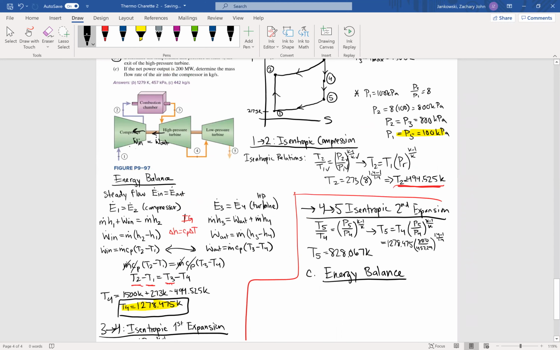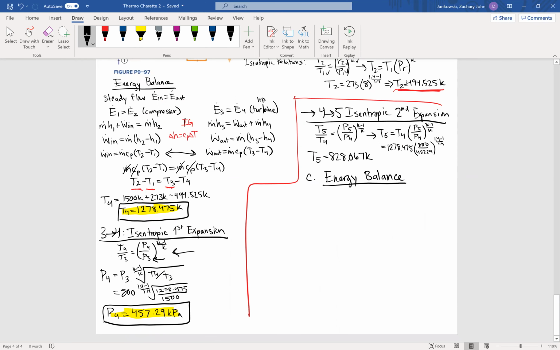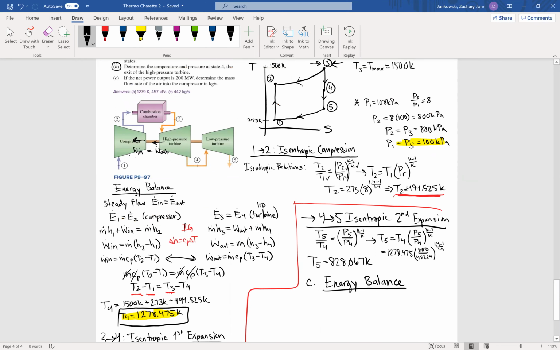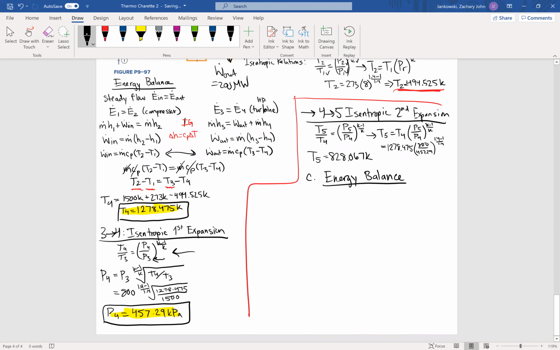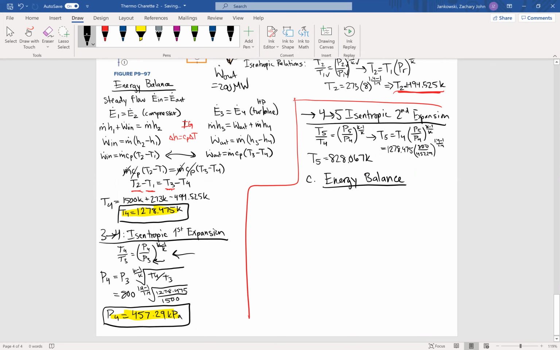So since we know that our power out is coming out of the low pressure turbine, stage 5, of 200 megawatts, we're going to evaluate it at that state. We're going to have our energy balance at that state.